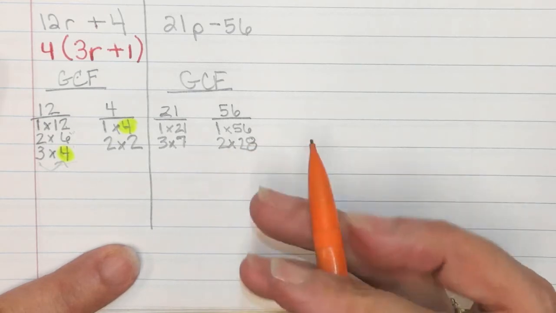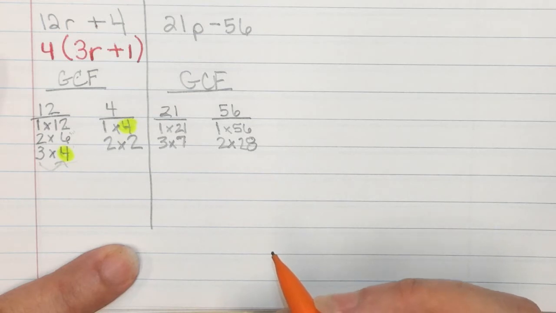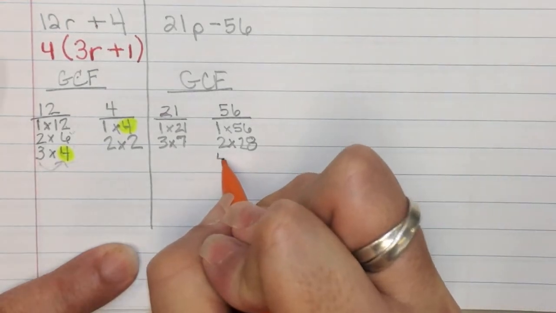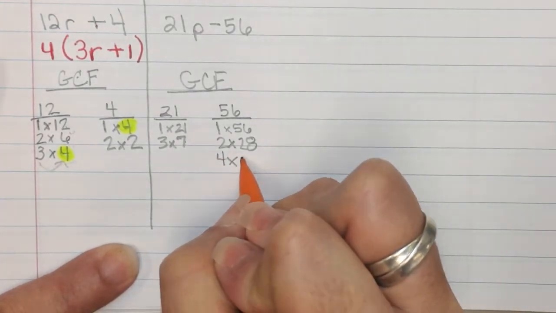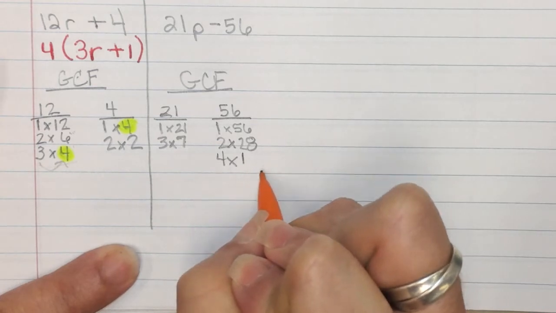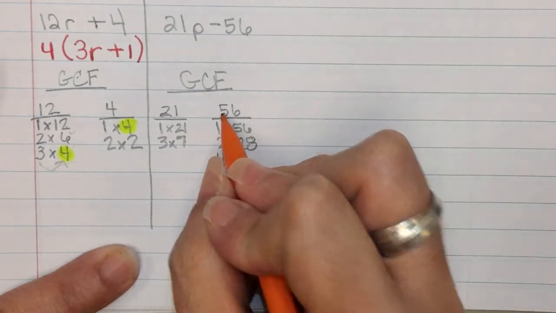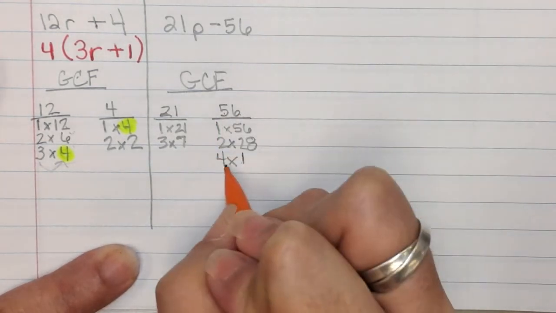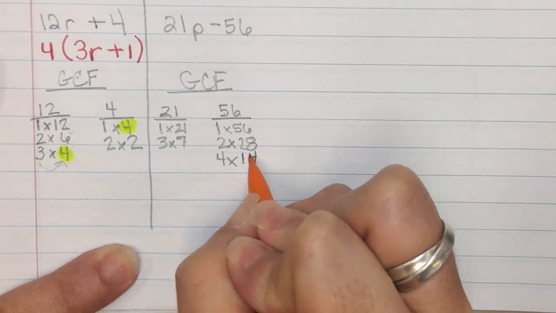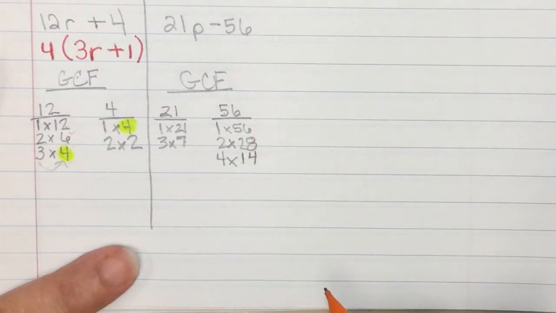Okay, 3. No, I had to think about that one. 4. Yes, 4 times 14 is 56. 4 will go into 5 one time. 16's left, so 4 times what? 4 times 4 is 16.